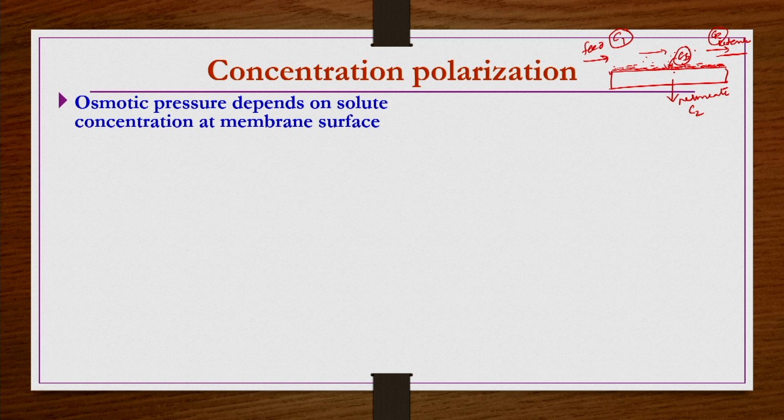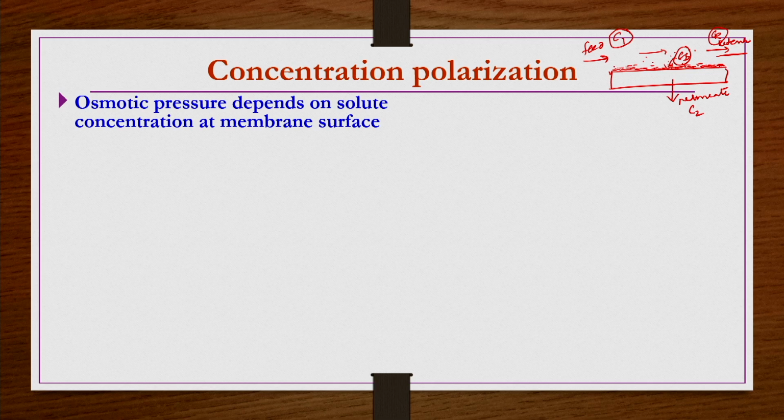So when you calculate the osmotic pressure for the solution, you have to use the Cs concentration rather than C1. That is the reason, though the osmotic pressure is very small for a dilute feed solution, let us say a very small dilution like 0.01 percent solids in the feed solution.